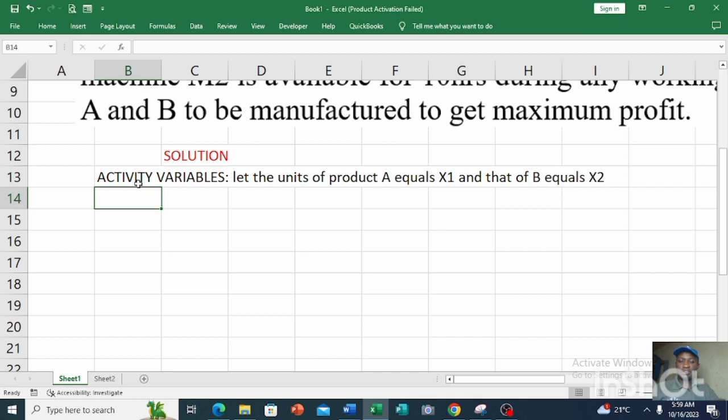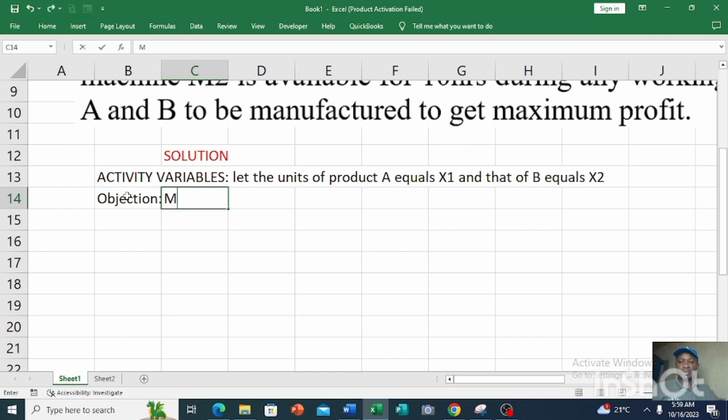So this is our decision variable, and then the next thing is for us to state the objective function. In this case, they are talking about us manufacturing the units of A and B to get the maximum profit.